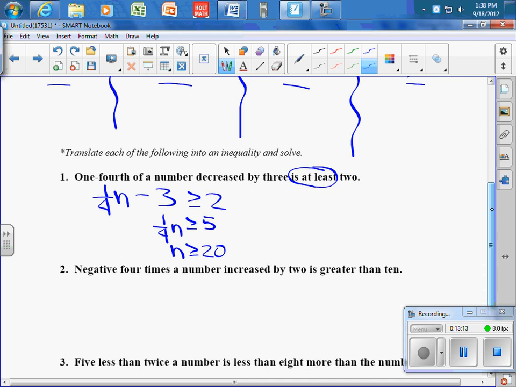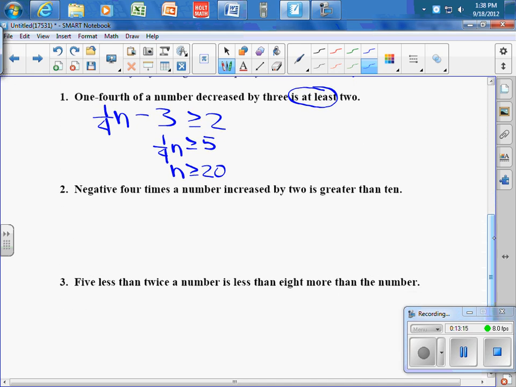Number 2 is greater than. Well, we know what that sign is. It's just is greater than. -4 times a number increased by 2 is greater than 10. Now notice that the negative is attached to the variable.